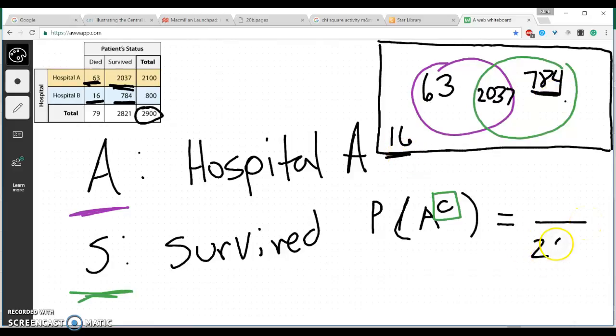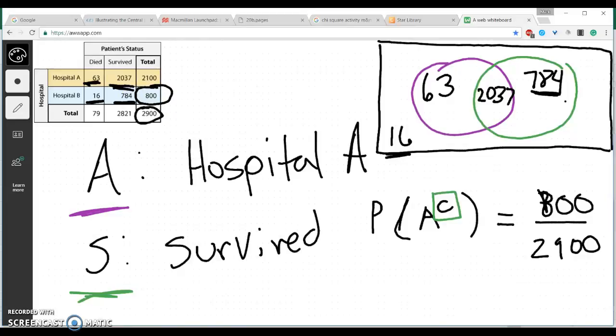So out of all 2,900 people, the people that would not be in A would be 784 plus 16, which I believe should give me 800. So there would be 800 people that would not be in A. And you could also see this as all the people that would be in hospital B. So that's where we get the 800.